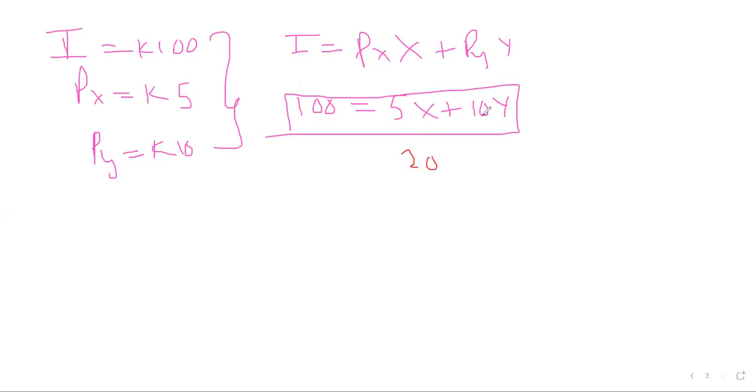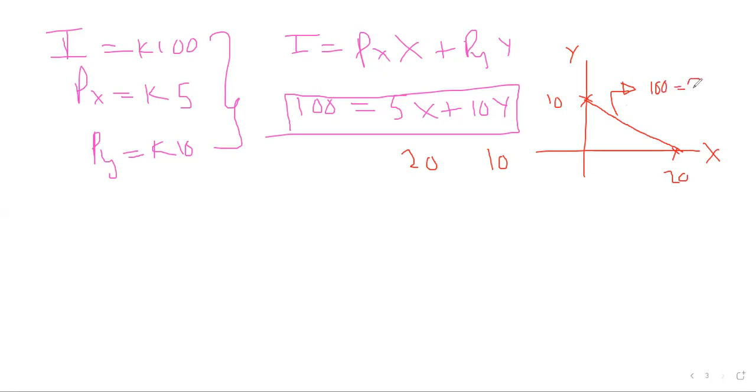The number before the Y is 10, so 100 divided by 10 is 10. If you sketch this budget line, you cut the X at 20 and the Y at 10, and you join these two points. So this is our income equation: 100 is equal to 5X plus 10Y.